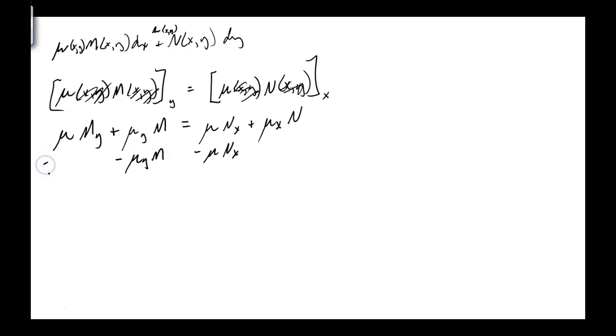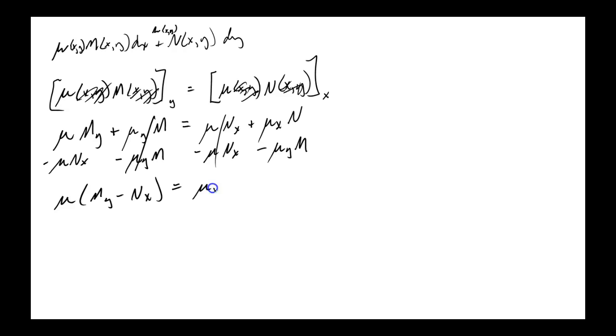So we do a minus mu N sub x and a minus mu sub y M. These go out, those go out. What we have left here is mu times M sub y minus N sub x is equal to, let's just leave this like it is, mu sub x N minus mu sub y M. Okay, so what is our mu?